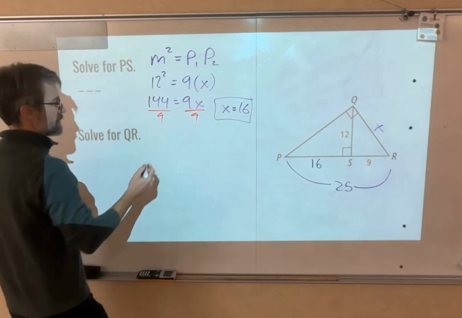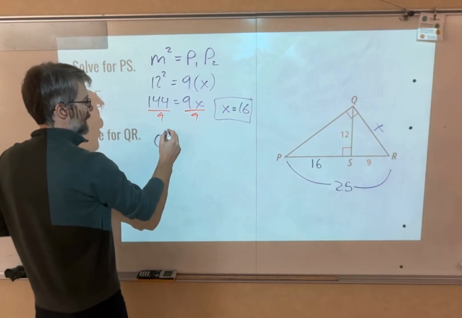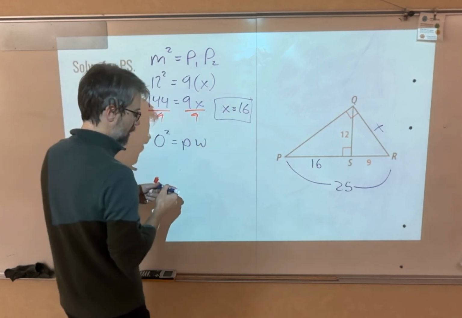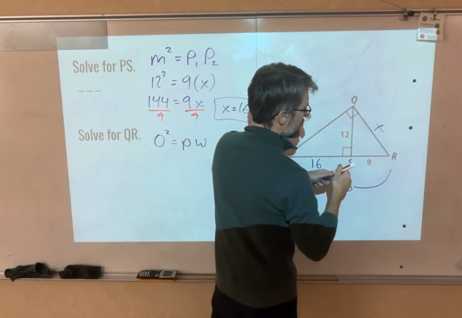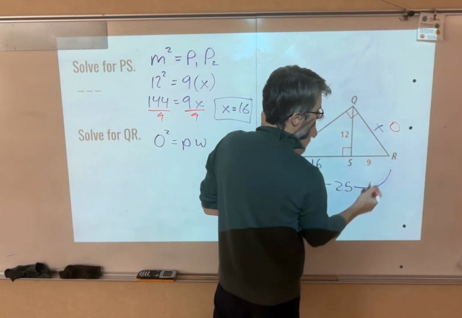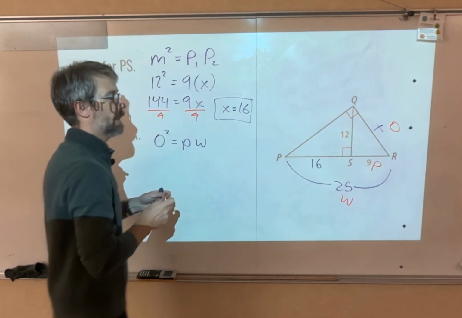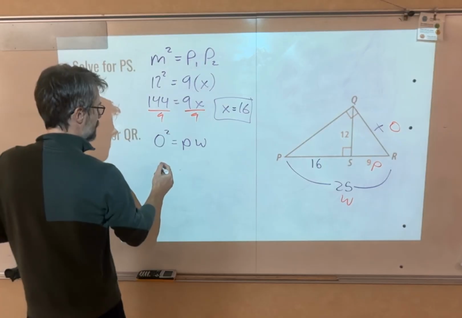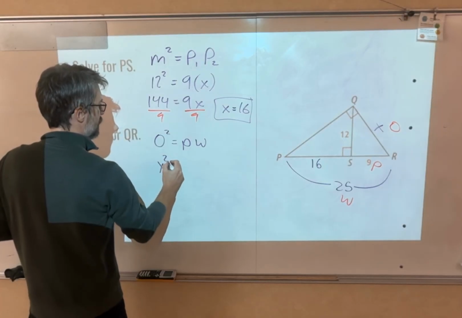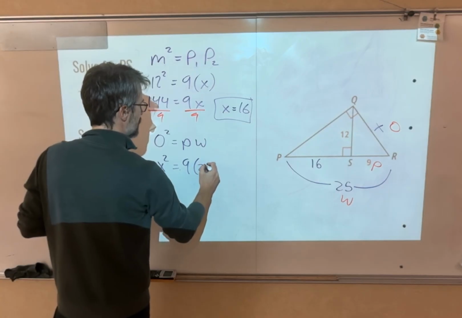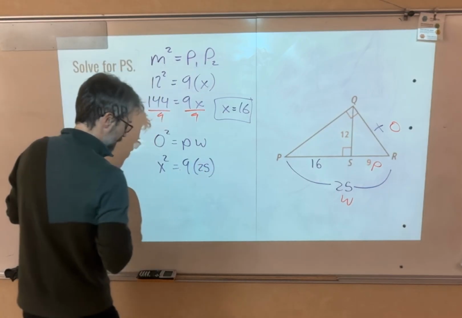So if we use our formula where it's the outside squared is equal to the part times the whole, well, this is my outside side, this is my part, and this is the whole, right? And so that means we've got x squared is equal to the part 9 times the whole 25.